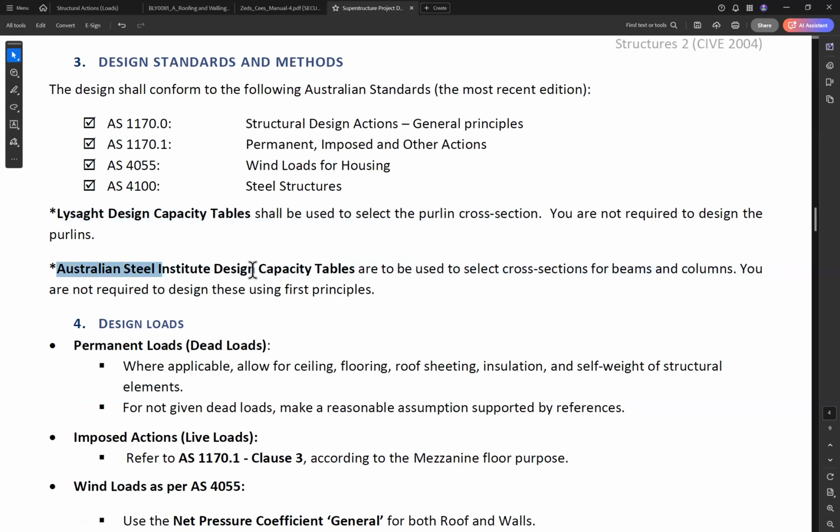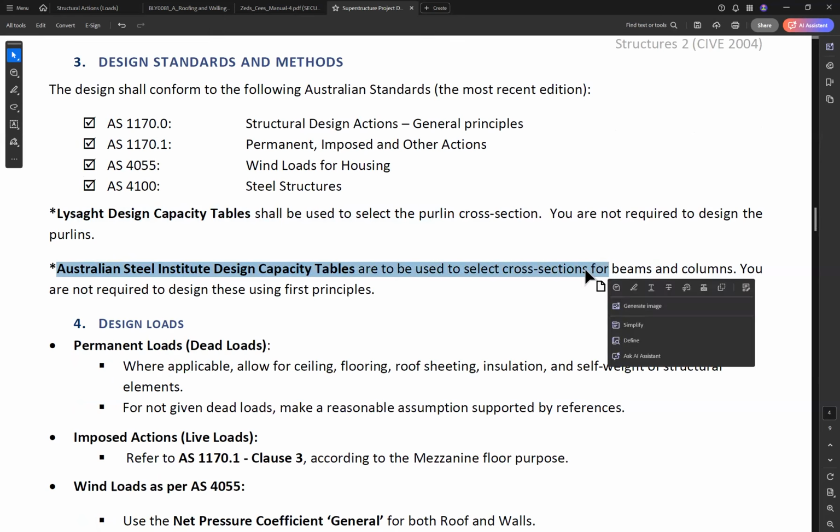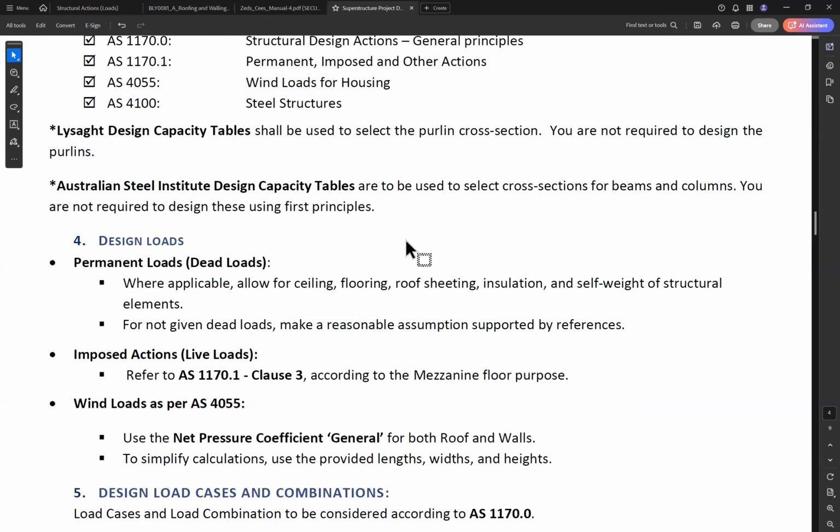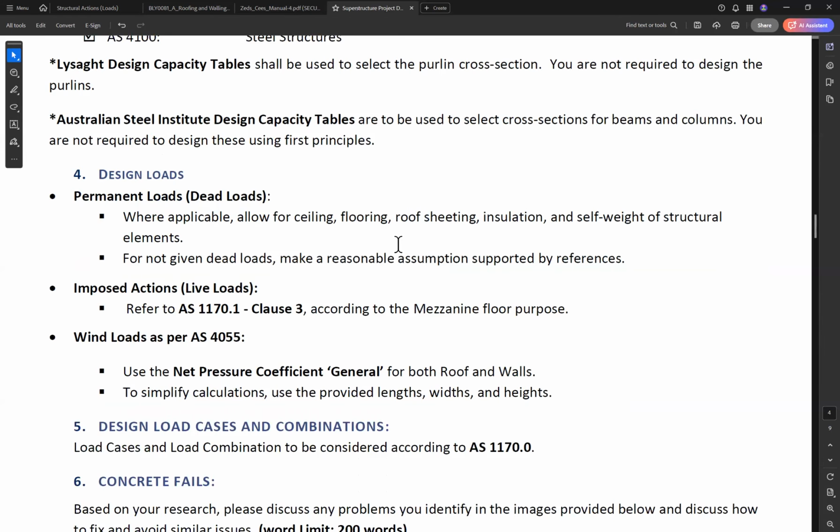We will use the design capacity tables from the Australian Steel Institute to find the cross section for beams and columns. So this is just a general discussion about the documents we will be using through the project.